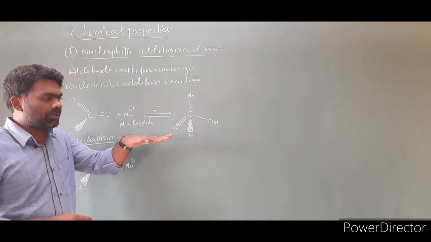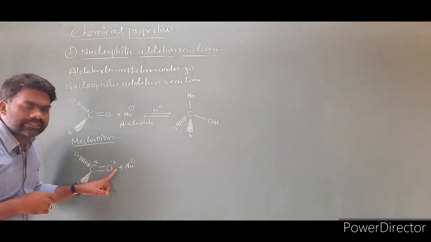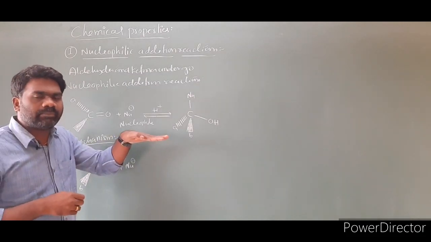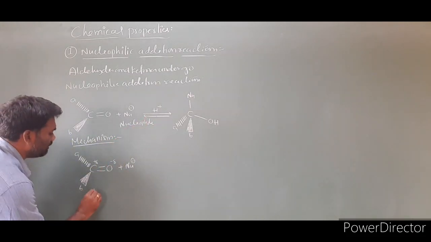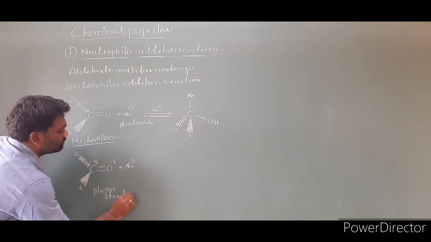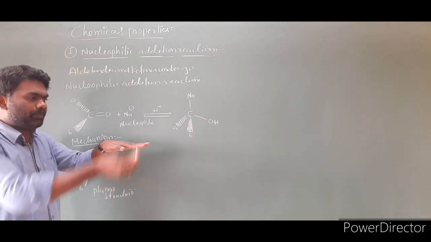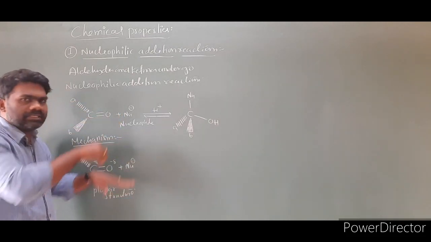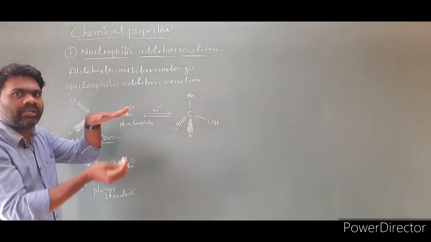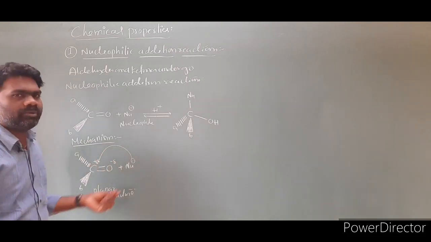Imagine this carbonyl carbon, this oxygen, this group A and this group B are all present in one single plane, so this structure is planar. Now the nucleophile approaches perpendicular to this planar structure, either from the top side or from the bottom side. I am taking the top side.